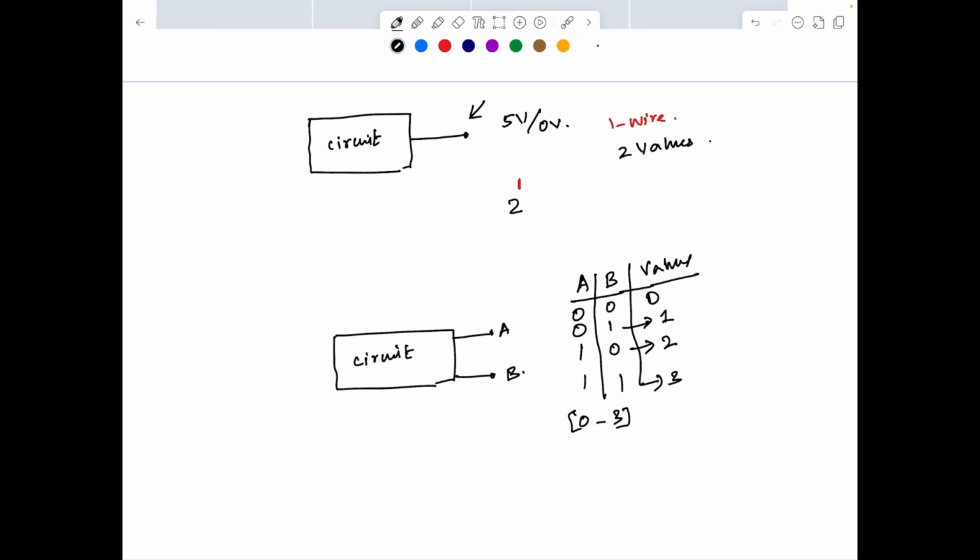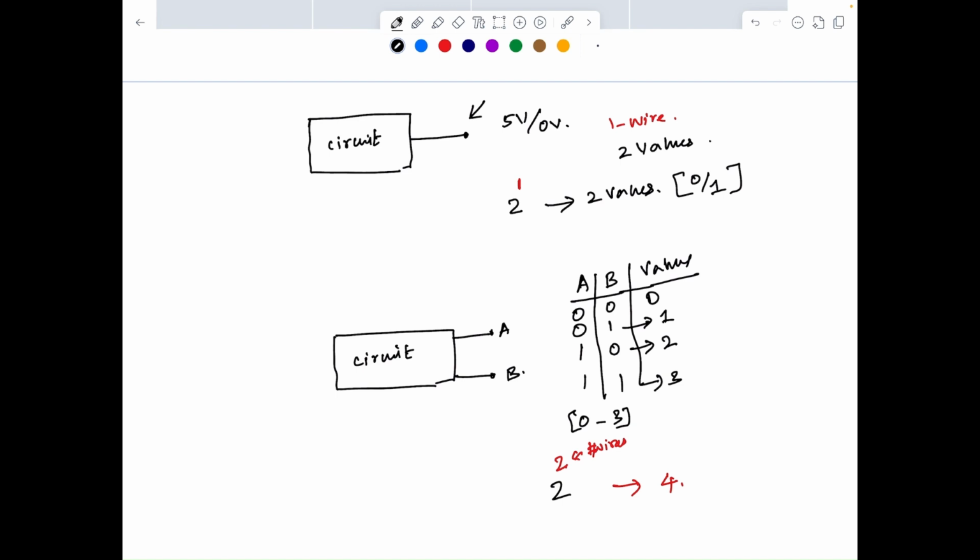Again, the relationship with the number of wires is 2 power the number of wires. The red one represents the number of wires. So I can represent 4 values here, and in the previous case I can represent 2 values, 0 and 1.